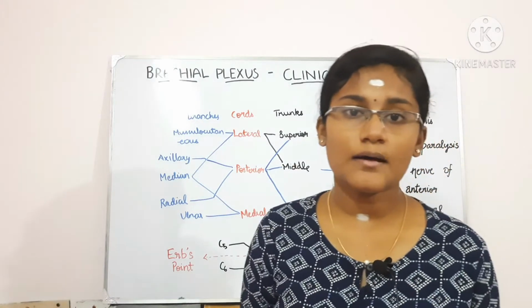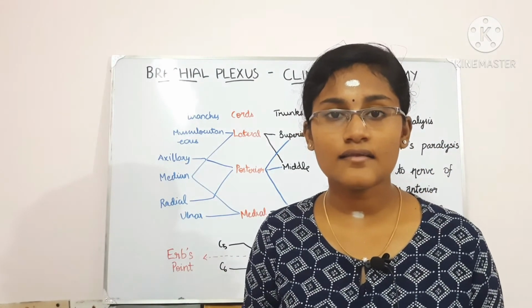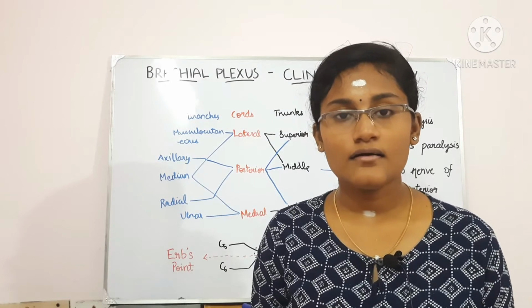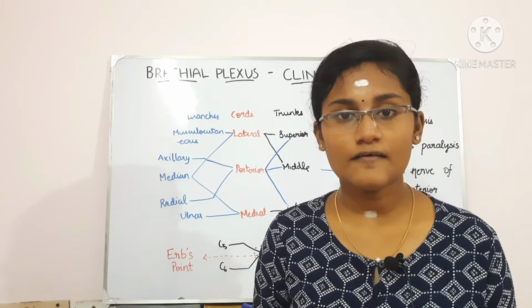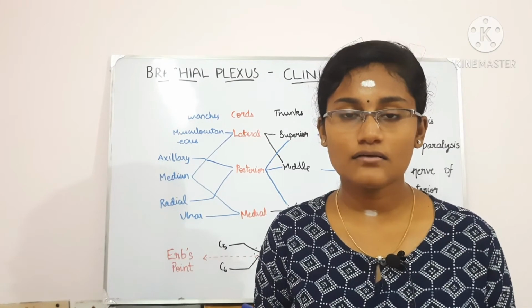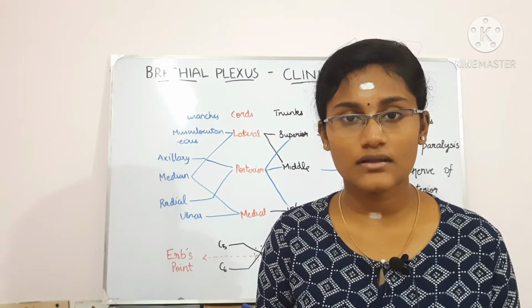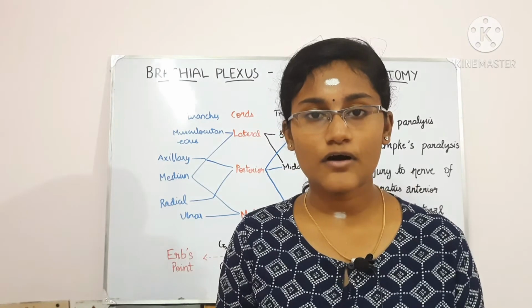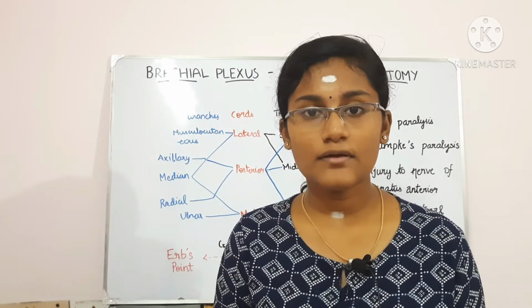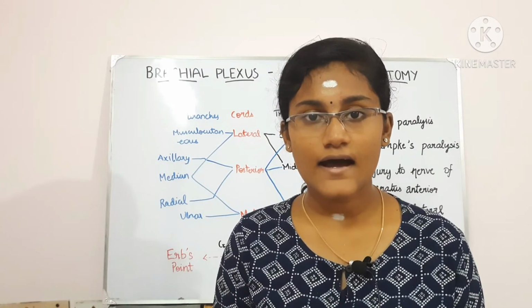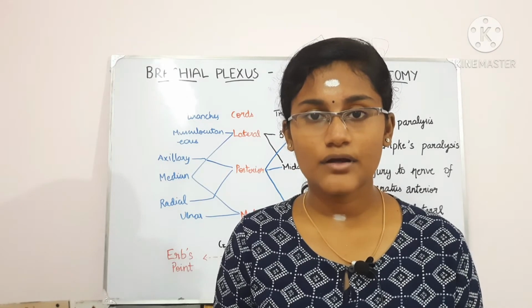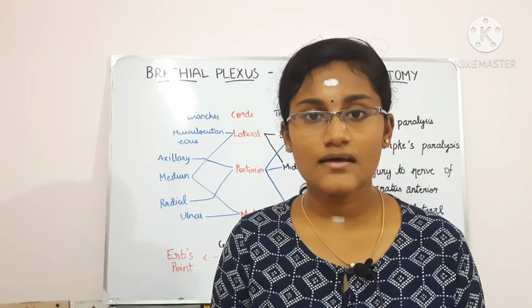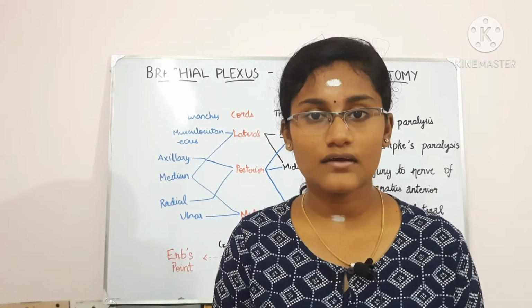And the muscles that are paralyzed here are the intrinsic muscles of the hand, which are supplied by the T1, and the C8 supplies the ulnar flexors of the wrist and fingers, so those muscles are also paralyzed. Okay, and the deformity here is that the people with Klumpke's paralysis have a claw hand because of the unopposed action of the long flexors and extensors of the fingers.